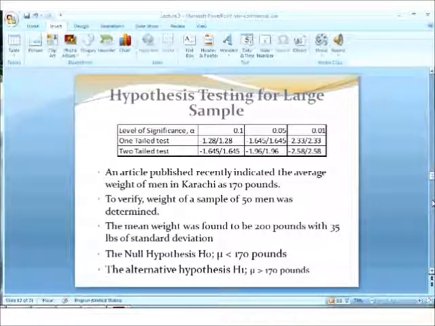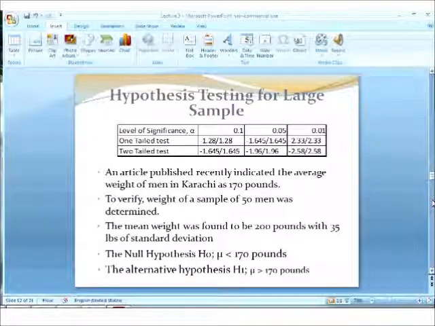Now, let's say, for example, news is published in the daily newspapers that the average number of crashes, or average number of accidents reported, is, let's say, 5 accidents every day in Karachi.